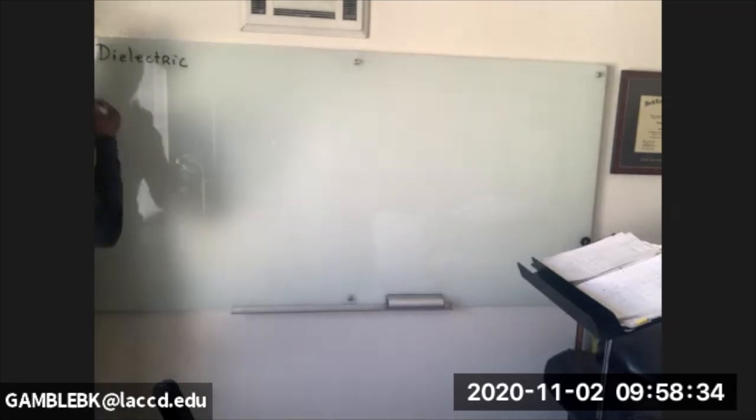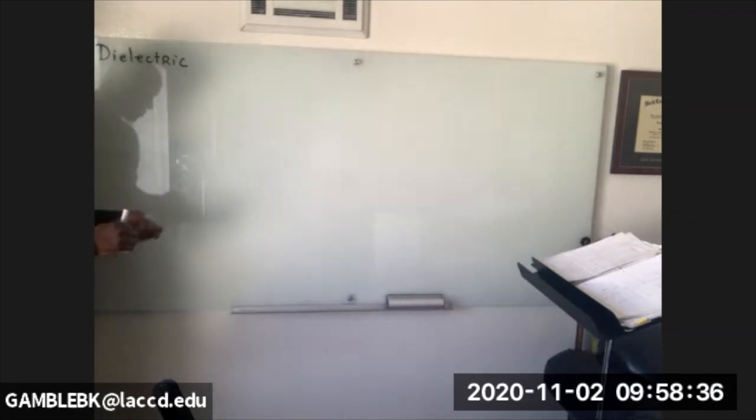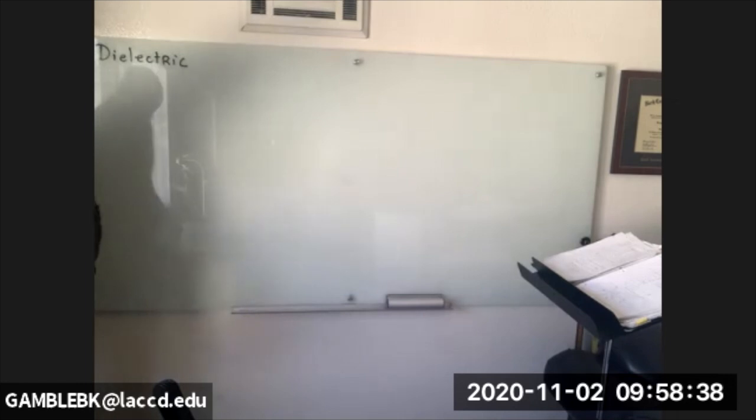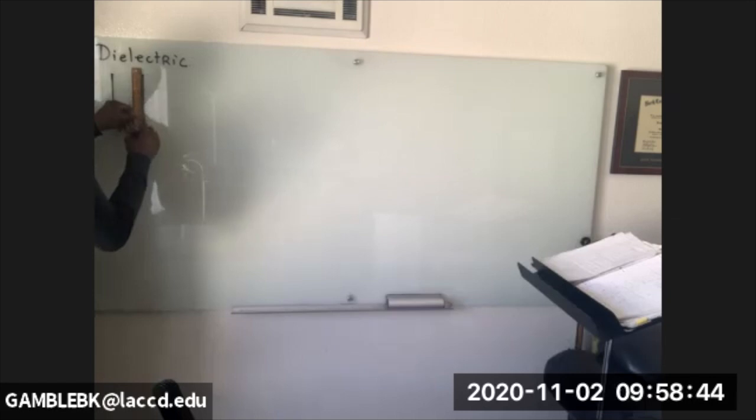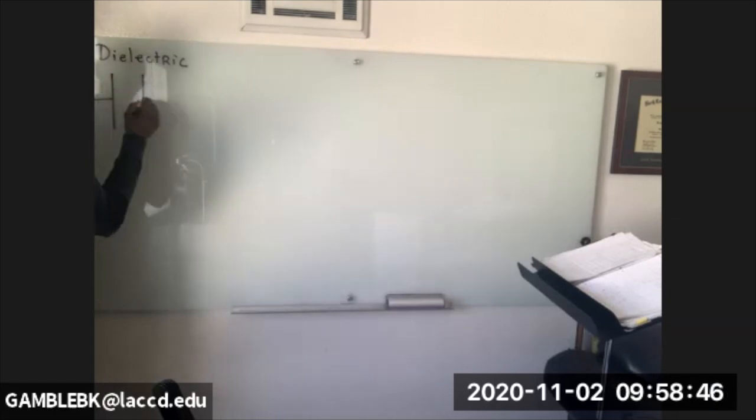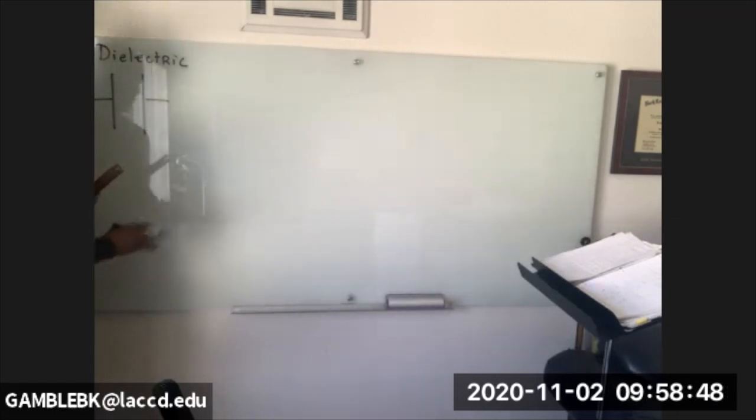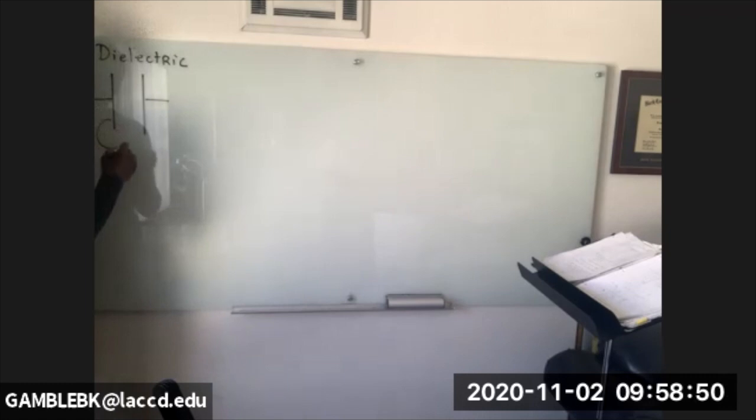Let's just look at the capacitor plate here. We'll compare a capacitor plate with a dielectric and without. Okay, so I've got a voltage across the capacitor.